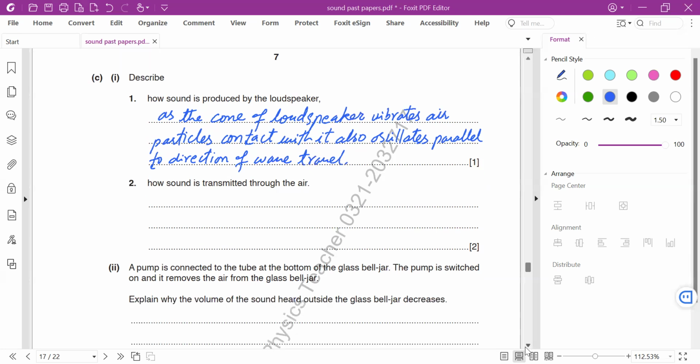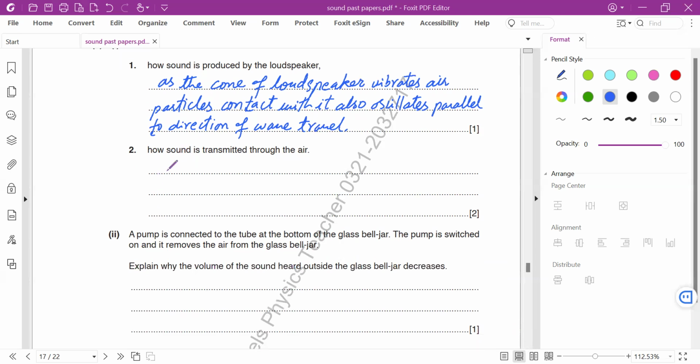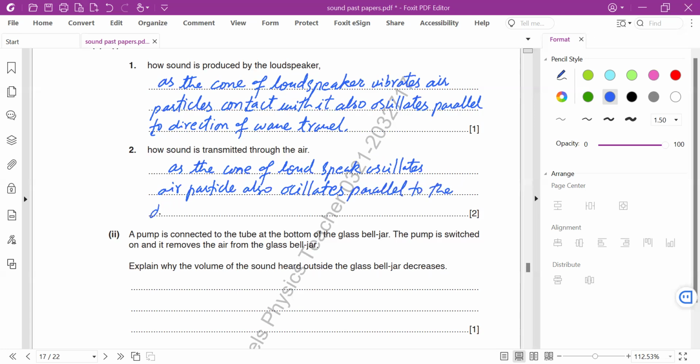Okay, how is the sound transmitted through the air? As the cone of the loudspeaker oscillates, air particles also oscillate parallel to the direction of wave travel.